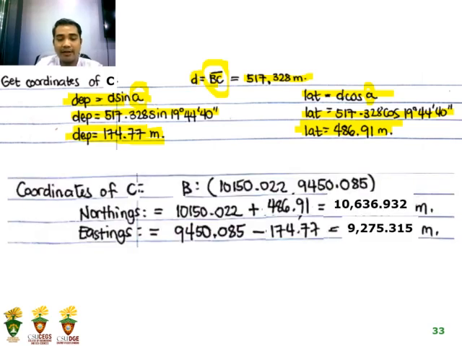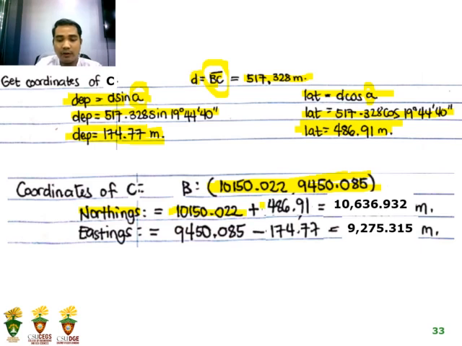And to get the coordinates for C, from the coordinates given B, which is 10,150.022 and 9,450.085. And for northings, just add the northings of B, which is 10,150.022.